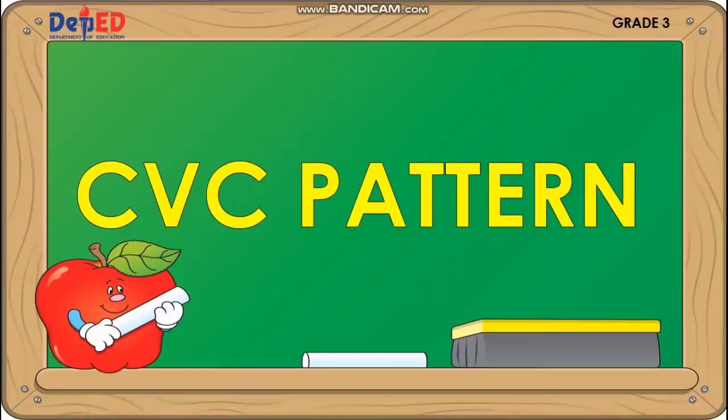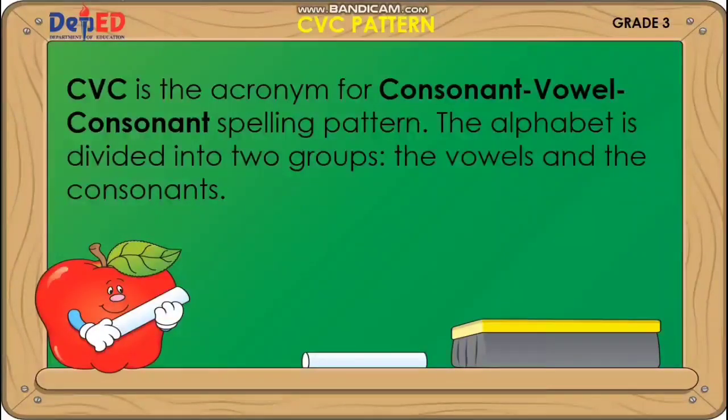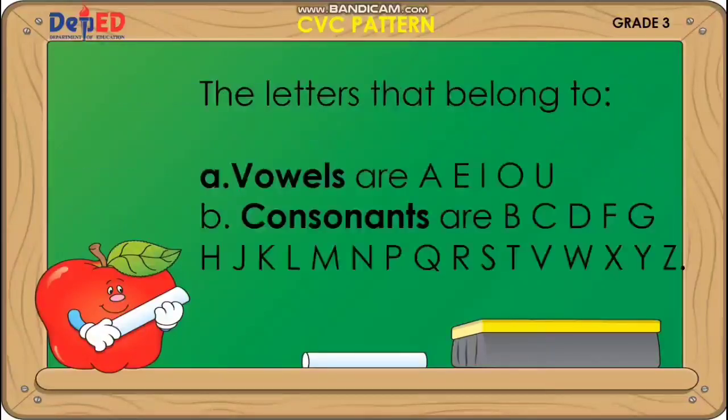Today, we will be learning about CVC pattern. CVC is the acronym for consonant, vowel, consonant spelling pattern. The alphabet is divided into two groups, the vowels and the consonants.